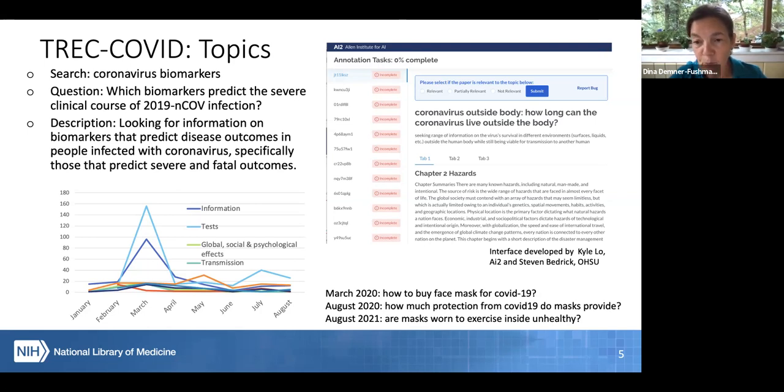First it was, where do I even get a mask? Then when people started getting their masks, it was, which one is better? And now, because everyone has their masks and we might know which ones are better, we are concerned that maybe when we're indoors and exerting ourselves, the masks are doing some harm. And at the top, you see the interface that was created specifically for the challenge to judge the documents as relevant or not.